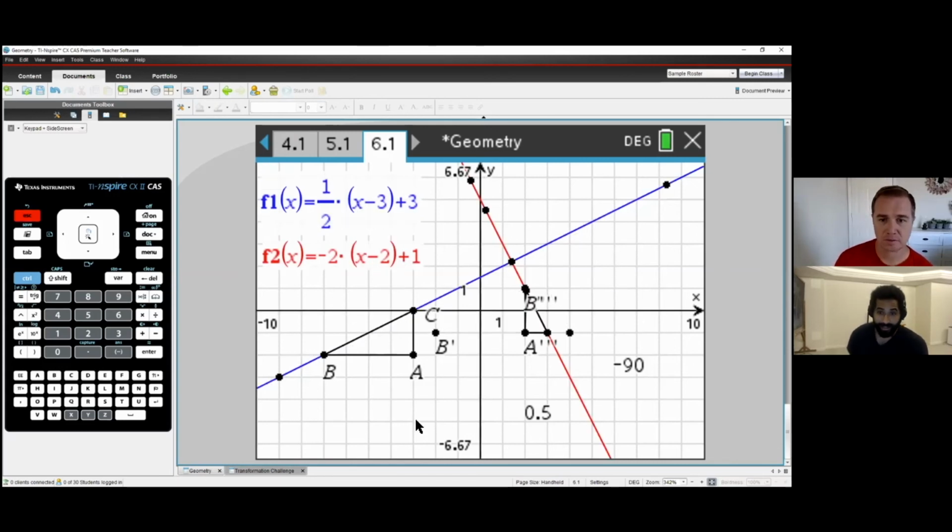And Curtis, it looks like you've shown us the formulas for these lines. What do we see when we look at the algebraic equations? Well, this original equation, f1 of x, has a slope of positive 1/2.